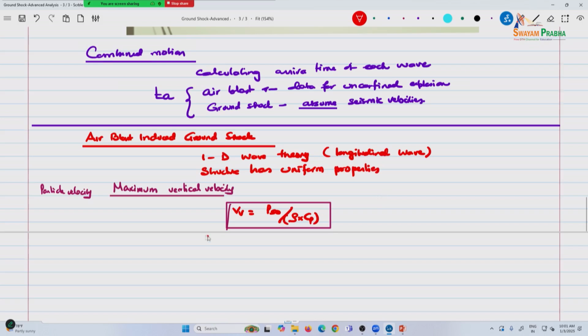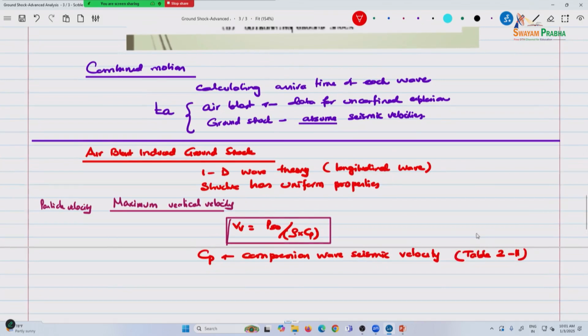So, what are these variables? Cp is the compression wave seismic velocity, and I'll give you these references. This comes from table 2-11. All these references are from UFC 3-340.